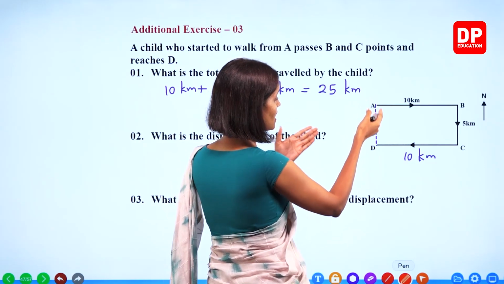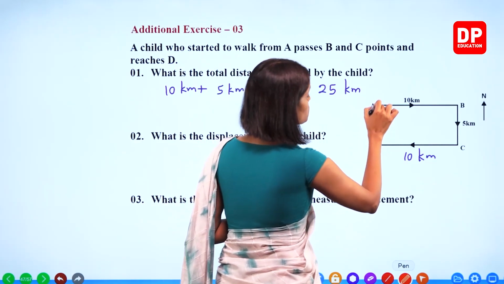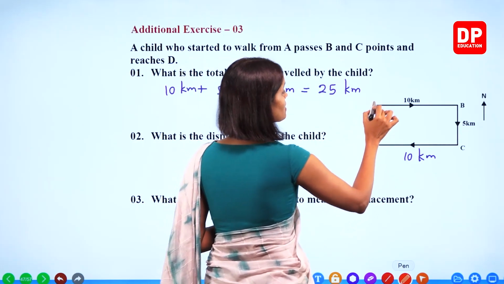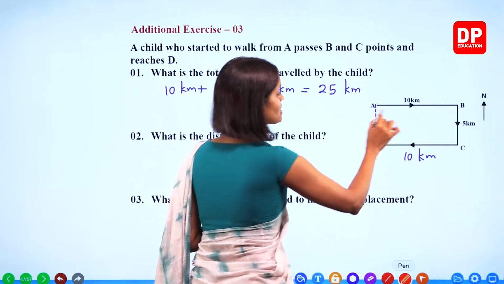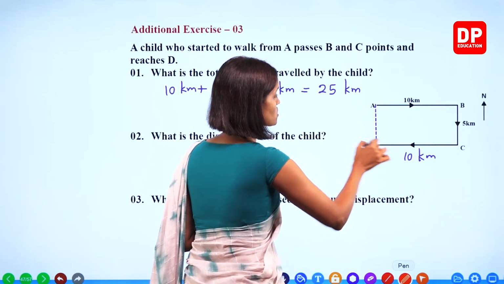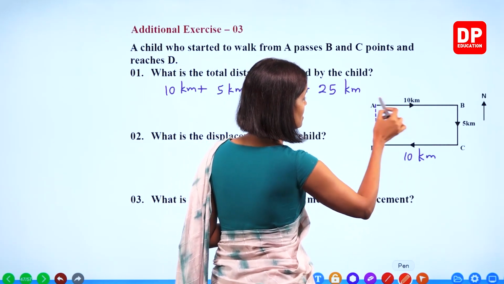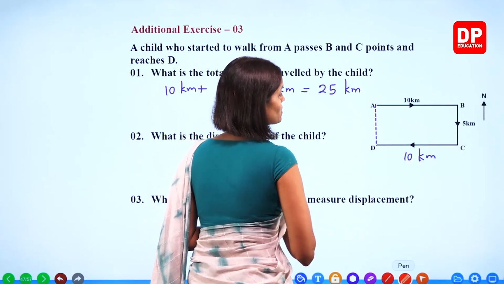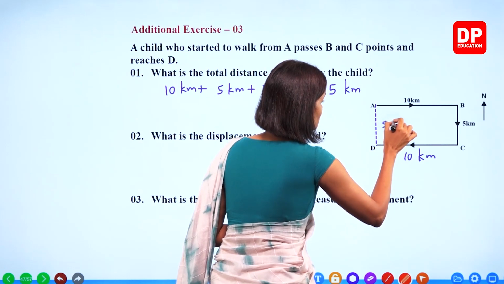Start is A, end is D. This is the linear length. So here, by drawing this one, you all can see we complete the last side of the rectangle. 3 sides are completed, this was not there. So if this one equals, then this side should be equal, AD should equal BC, which means 5 kilometers. Right? This should be 5 kilometers.